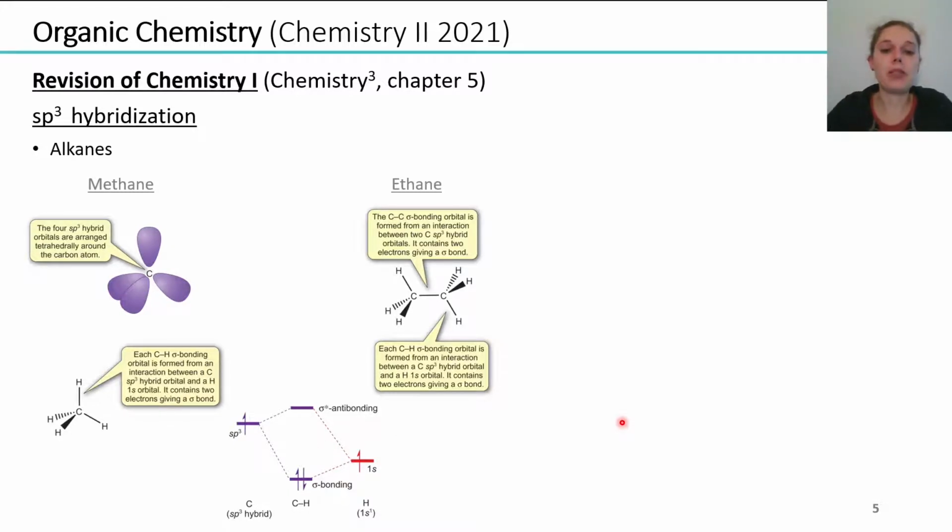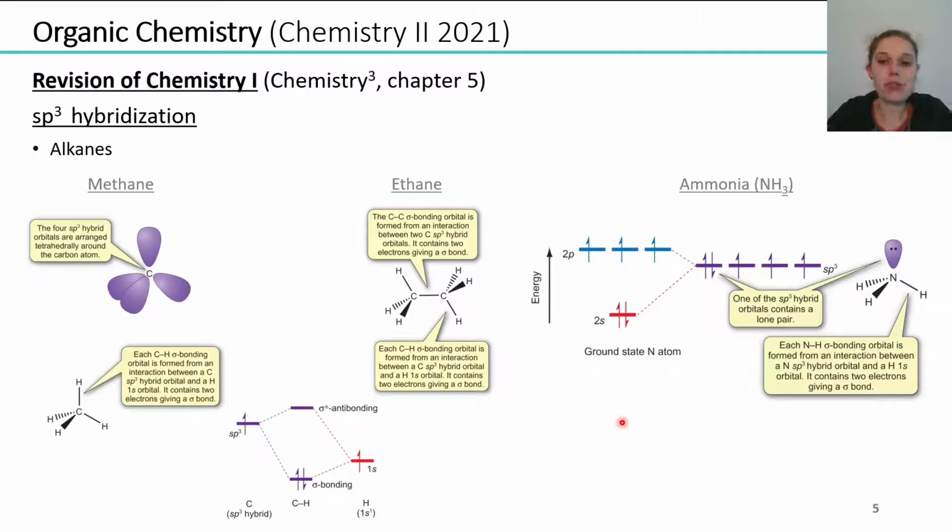And if you now wonder if sp3 hybridization is only restricted to organic molecules, I can answer no. For example, ammonia also shows this sp3 hybridization for the nitrogen atom.